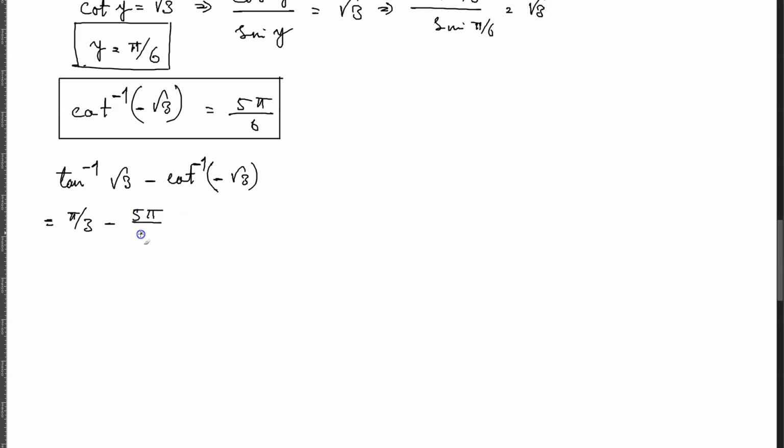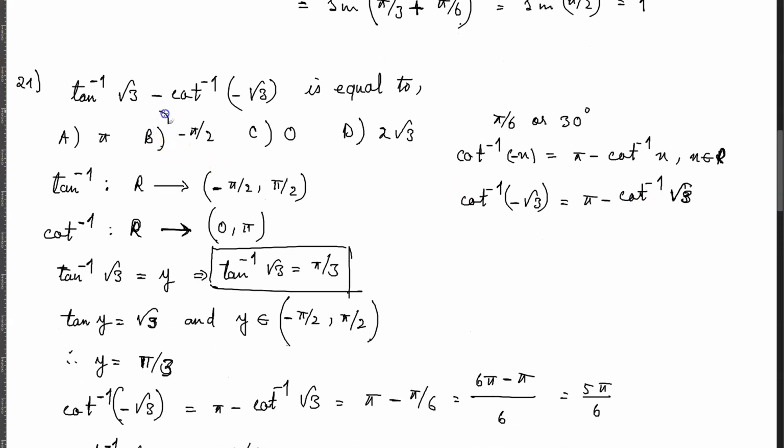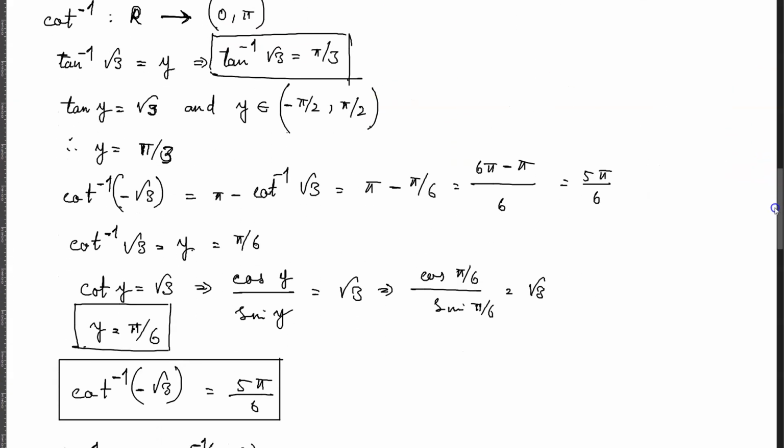So that is 2 pi minus 5 pi over 6, which is equal to negative 3 pi by 6, which is negative pi by 2. So the option which is correct is this option here, and that's the right answer.